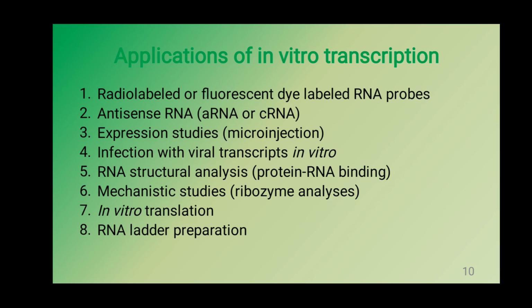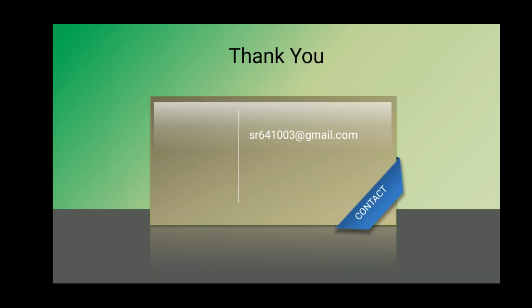For virus infection mimic studies, we can develop the transcripts and inject them in vitro. It is also used to perform RNA structural analysis studies such as protein-RNA binding studies, and mechanistic studies such as ribozyme analysis and activities. For in vitro translation, we have to supply the mRNA molecules that are produced by in vitro transcription. And this is a suitable technique to produce RNA ladders, which are used in RNA-based agarose gel electrophoresis. Thank you.